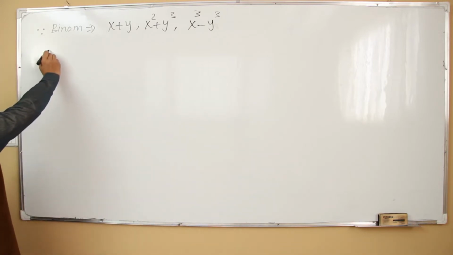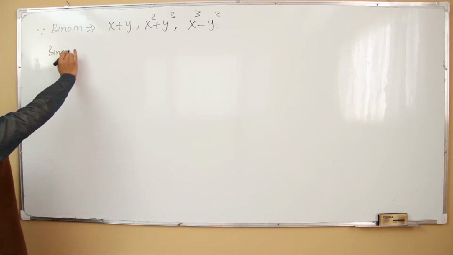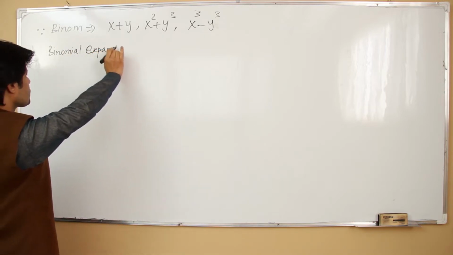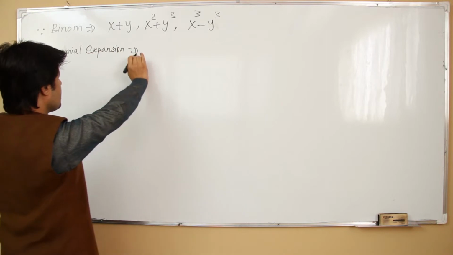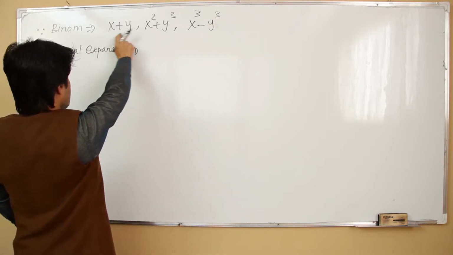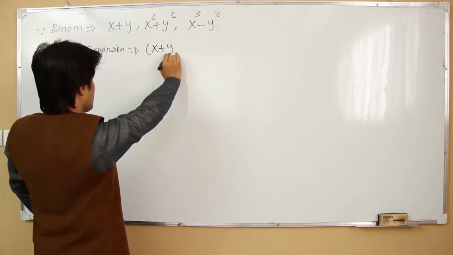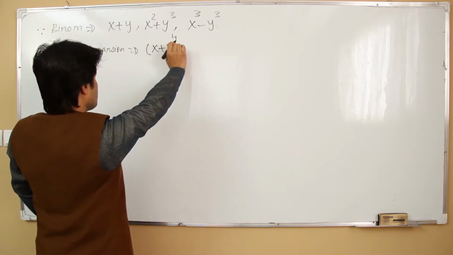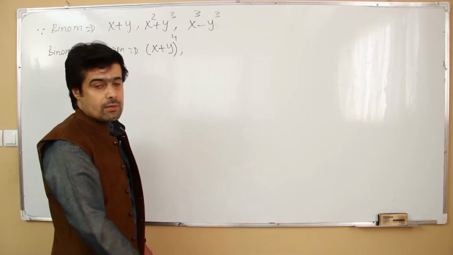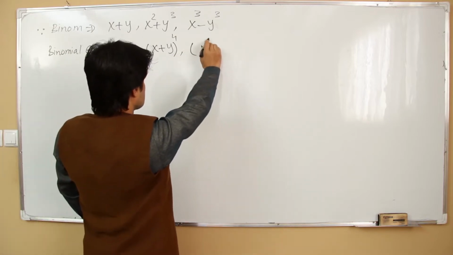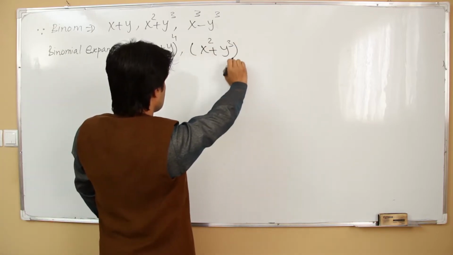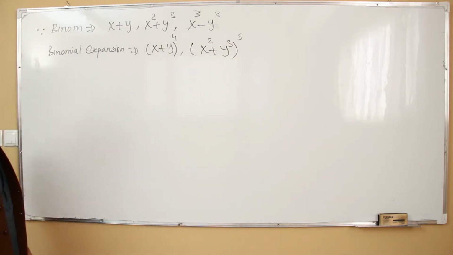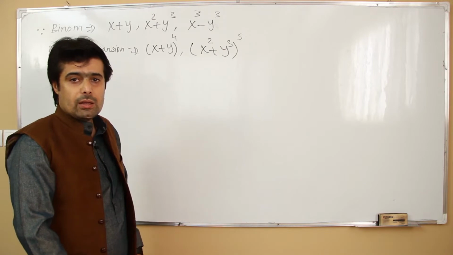What is binomial expansion? Whenever you are talking about binomial expansion, it means that this binom x plus y should be raised to a power, for example 4, 5, whatever it is. If we have (x squared plus y cubed) raised to the power 5, then this is a binomial expansion or binomial theorem.